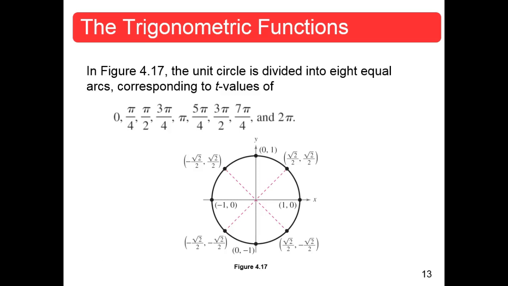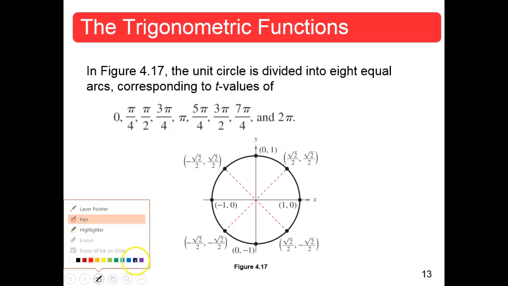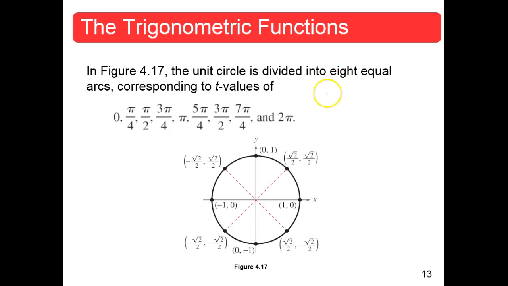Okay, now, because of that, because we know that x, let me get my pen set up. Okay, there it is. x equals y. But what else do we know about x and y on the unit circle?